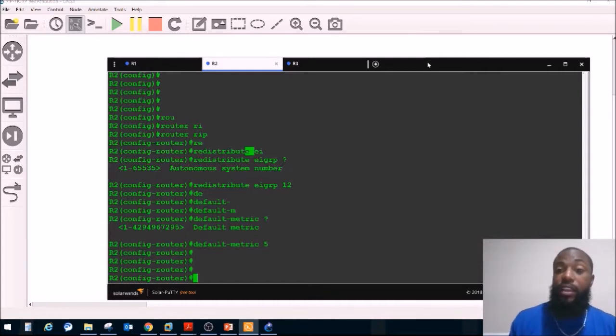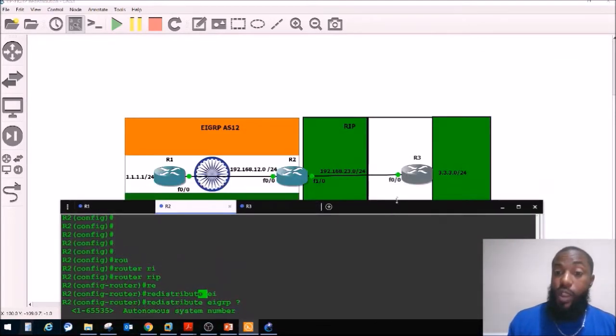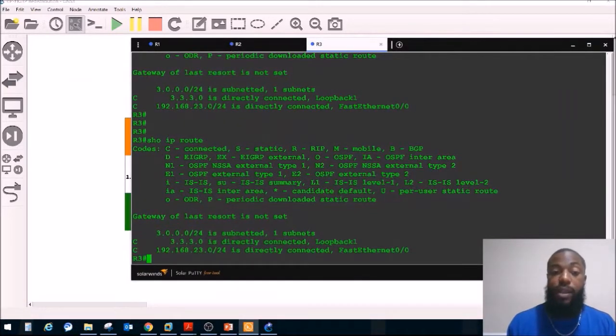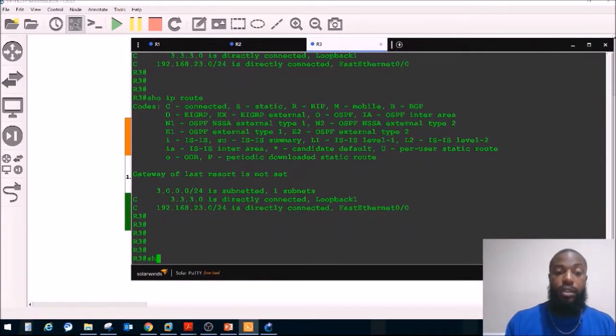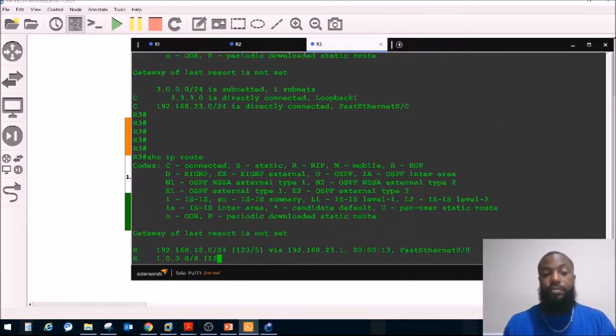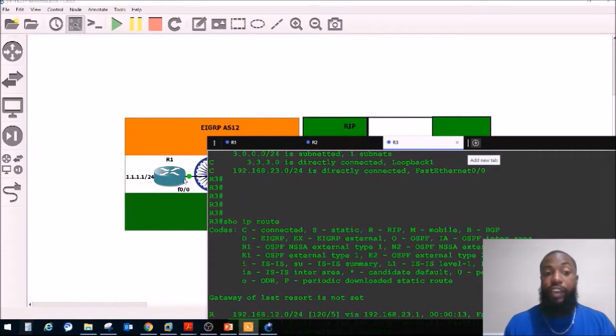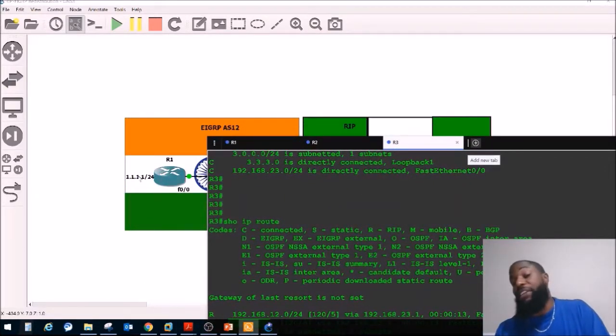Let's go ahead and log into router 3, this guy right here, and run that same show IP route command. Check his routing table. And you can see he now learned about the 1.0 network, which is basically over here. So now it's kind of like he knows another language.